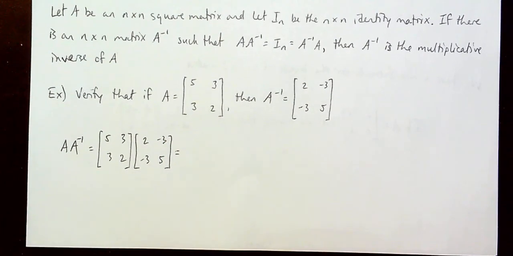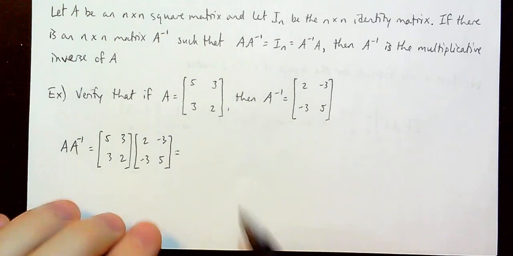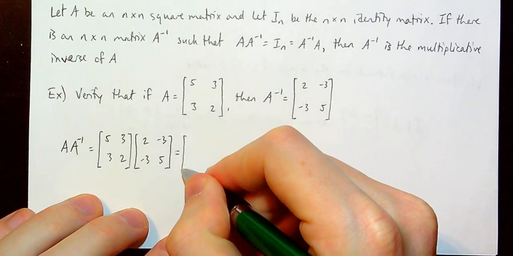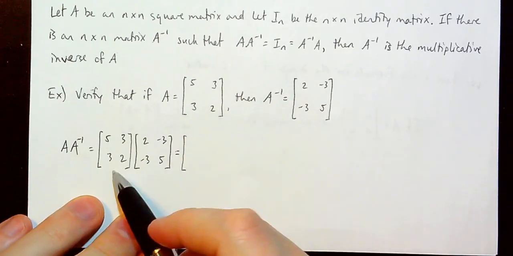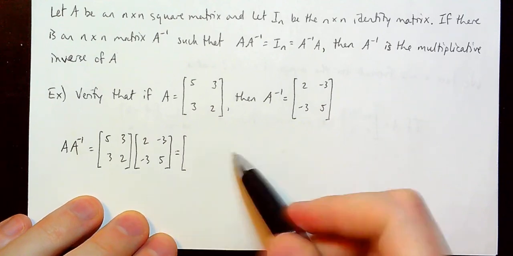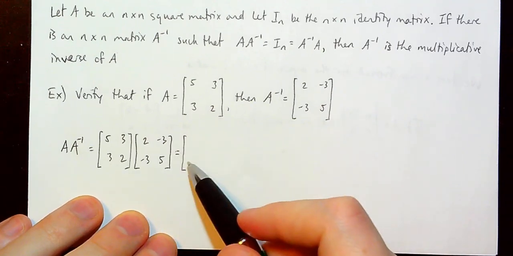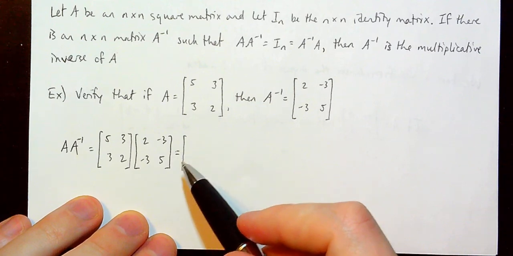Now we're just going to do our basic matrix multiplication like we learned from our previous videos. I'm taking the product of a 2 by 2 and a 2 by 2, so I know that my product matrix here is going to be a 2 by 2 matrix.